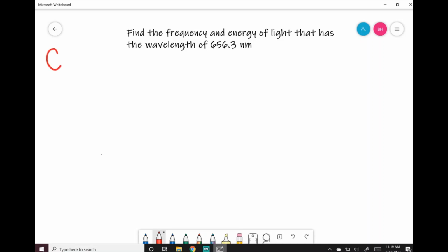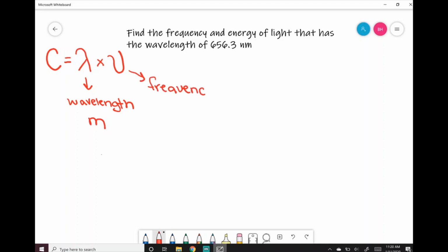One of the equations that we know is that c equals lambda times nu. This is our wavelength, and our wavelength has units of usually meters. This right here is our frequency, and this has units of inverse seconds, and we can also call inverse seconds a hertz, Hz for hertz. c right here is a constant, and this is the speed of light.